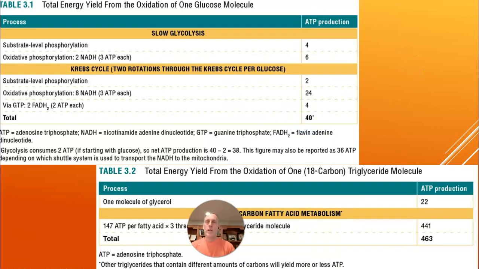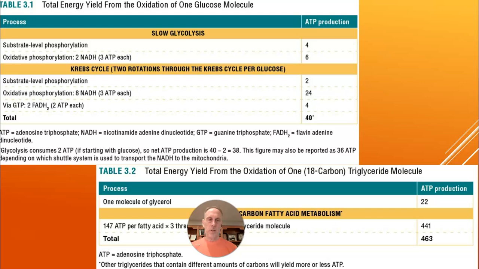So when we look at the total energy yield from the oxidation of one glucose molecule, and this is something that you're going to find on a test question somewhere else. The actual process of glycolysis consumes 2 ATP, and that's if starting with glucose. So you know that's going to be somewhere on a quiz, right?